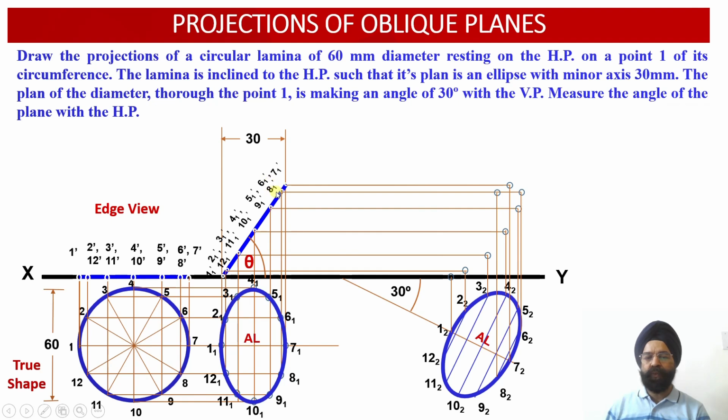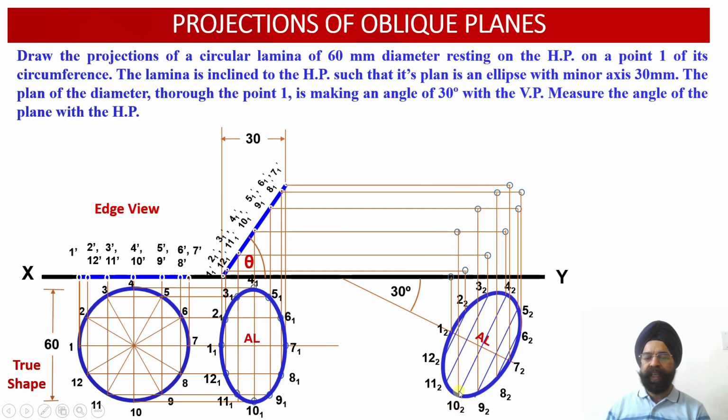Wherever it intersects with the horizontal projector drawn through point 8 1 dash, this is the location of point 8 2 dash. Then point 9 2 over here. Take a vertical projector upwards. This is the horizontal projector through 9 1 dash. So wherever the vertical and horizontal projectors corresponding to point 9 intersect, this provides us with the location of the point 9 2 dash in the elevation.